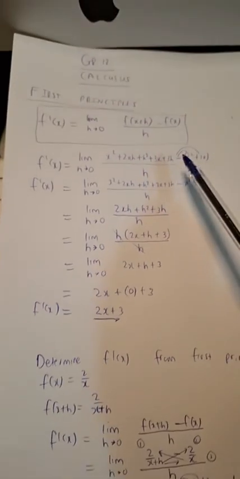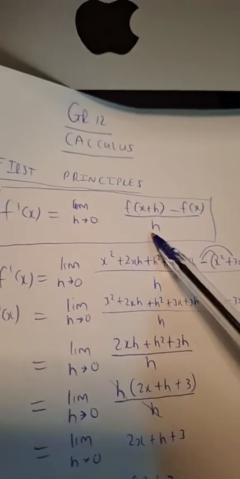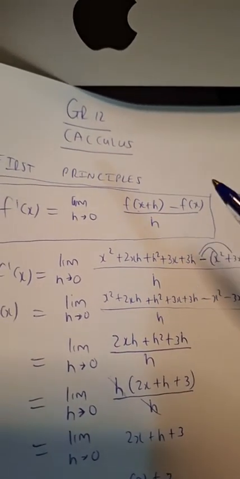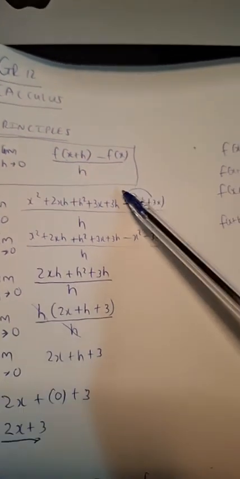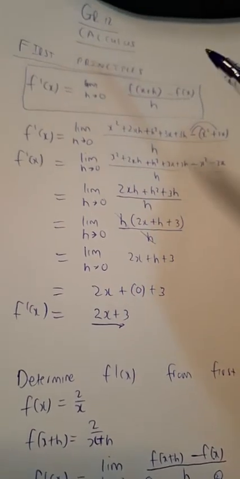So these components, I actually sort them out outside, especially f of x plus h, because there's a lot of algebraic manipulation that needs to happen where you have to multiply out, FOIL, add and subtract like terms. So I sort that out outside, and then after I've gotten it, I substitute it into the actual first principles formula, so that I can then work it out in its simplicity within the formula.